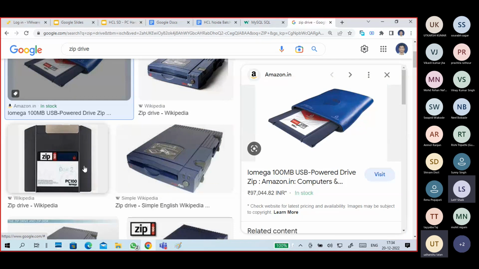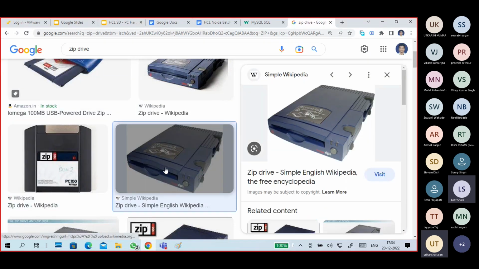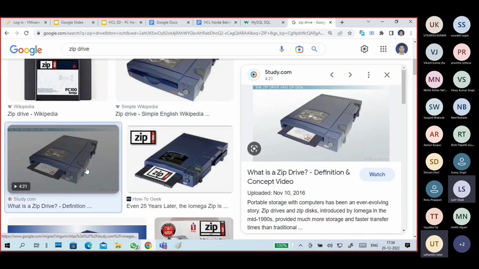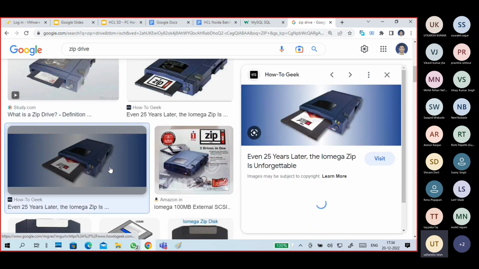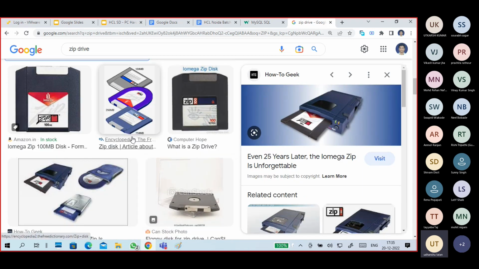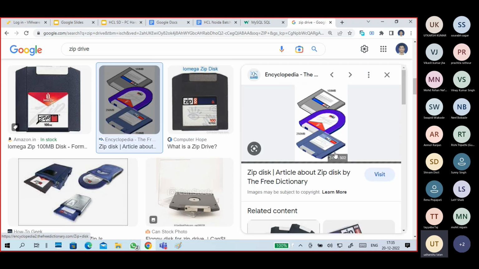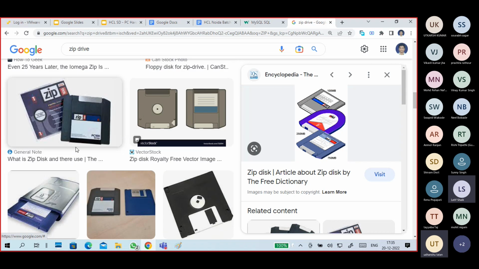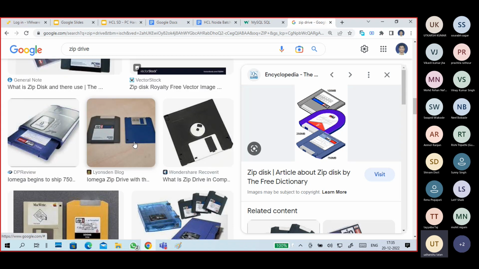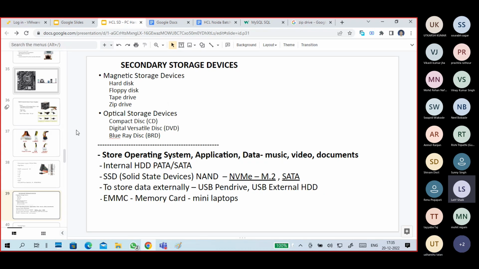It looks like a floppy disk, but a floppy is generally 1.44 MB, and this is higher, like 100 MB, 200 MB, 300 MB. In olden days, usually to transfer heavy data, like copying an OS for installation of an operating system, they would do it. Backup, transfer versions.